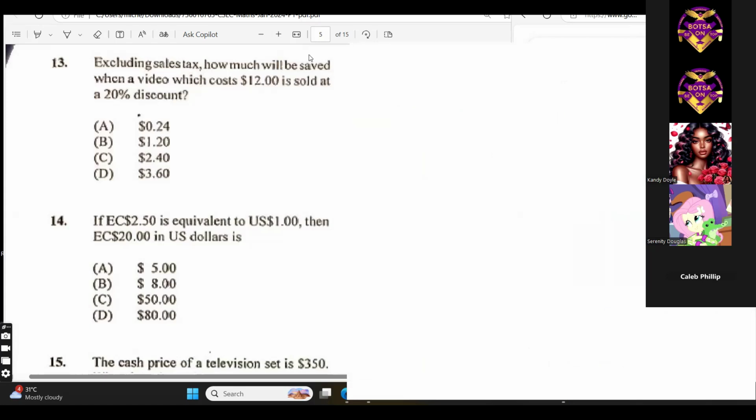All right. So they are saying first and foremost that EC $2.50 is equivalent, which is to say, for every $1 you get $2.50 in EC dollars, right?